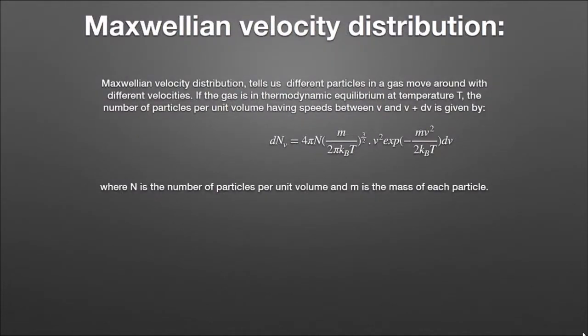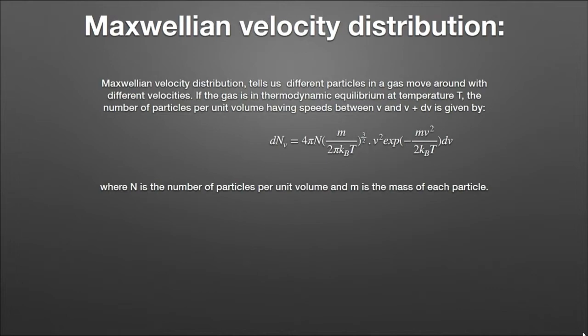So the first is the Maxwellian velocity distribution. According to Maxwell, we take a container filled with gas. What Maxwell told us is that every gas particle is moving with a different velocity in that container. The more important thing is that it should be in thermodynamic equilibrium.